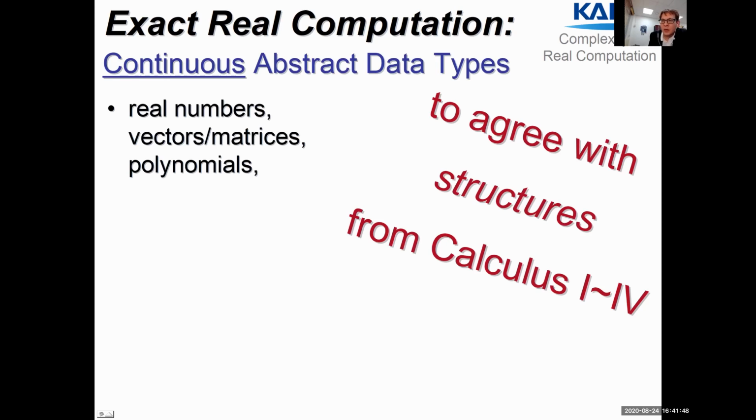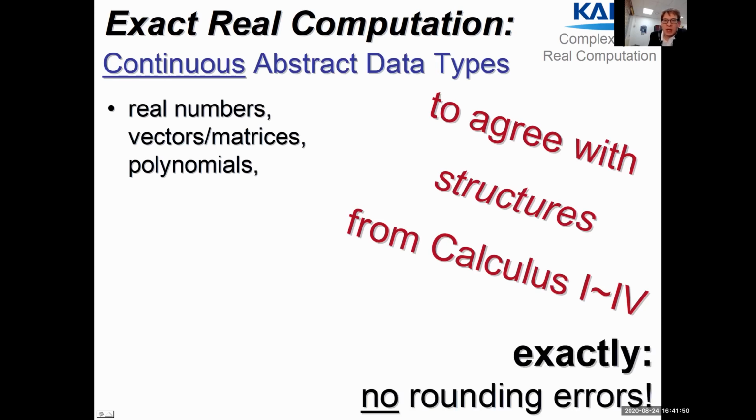And we recently have added to this variety of continuous abstract data types the abstract data type of linear subspace, that is the Grassmannian.